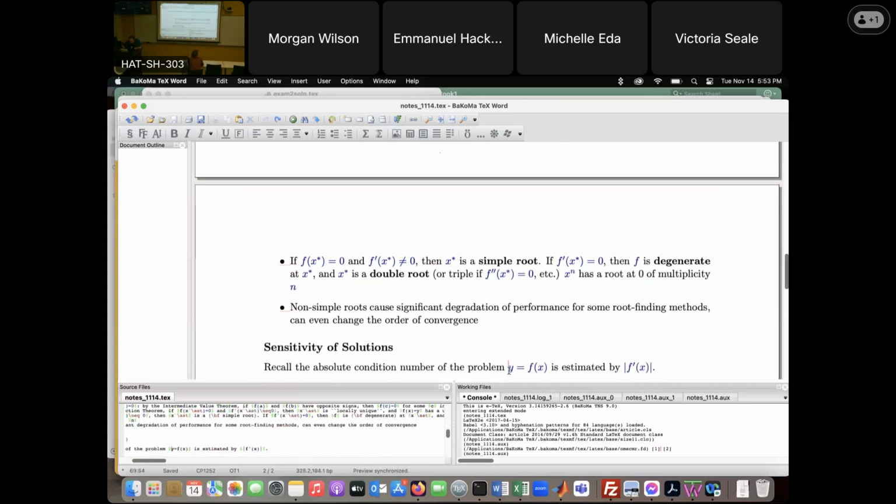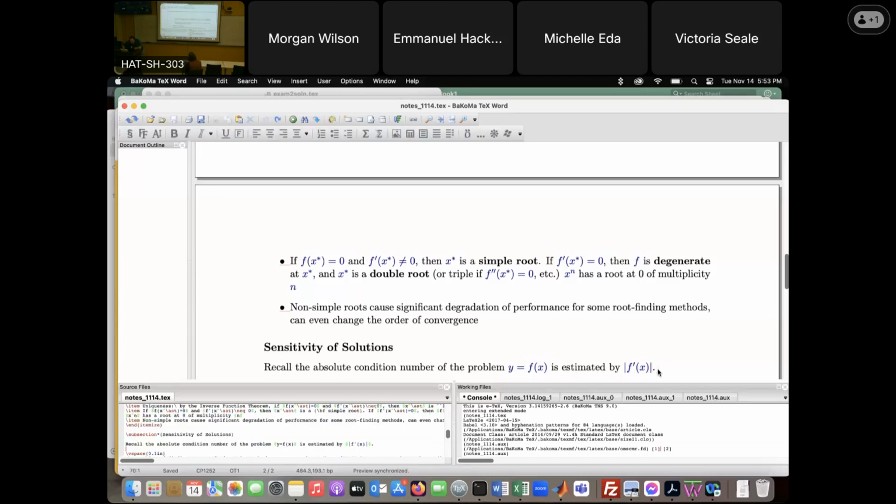If you're trying to solve a generic problem, y equals f of x, so x is your input, y is your output, f is whatever your algorithm is for the exact value, then the absolute condition number, how sensitive the problem is to changes in the data, is estimated by the absolute value of the derivative at the input. We're going to use that to measure the sensitivity of the problem of finding a root.